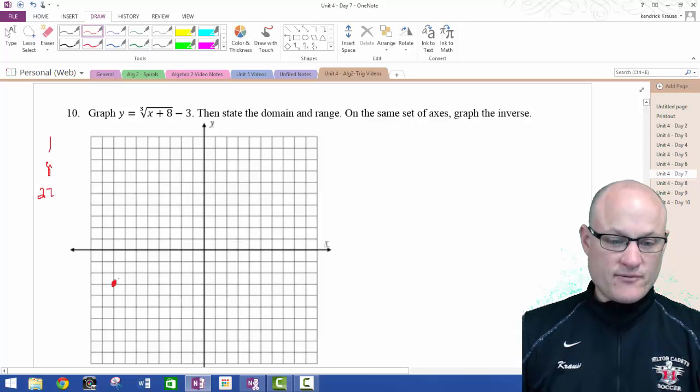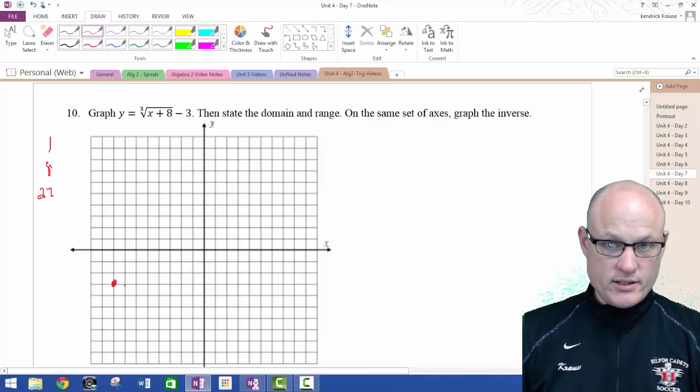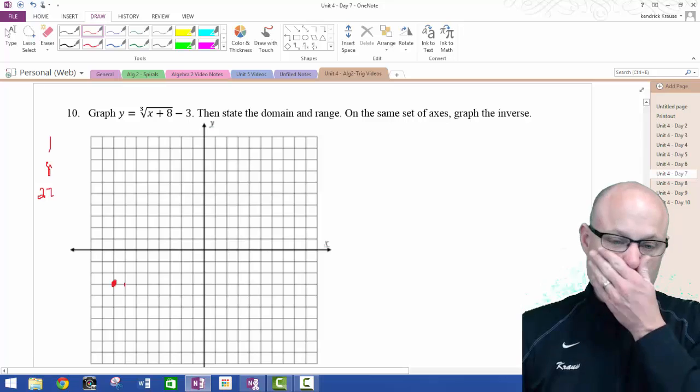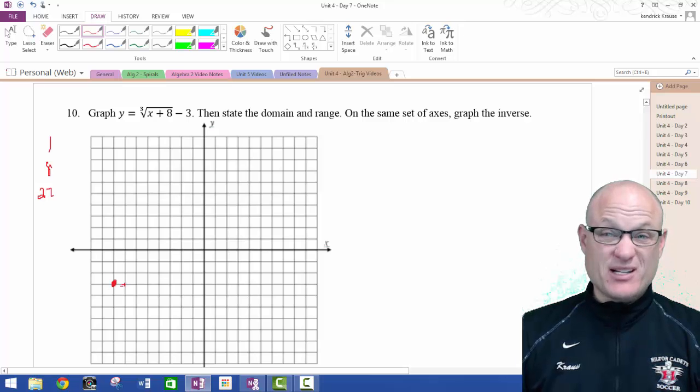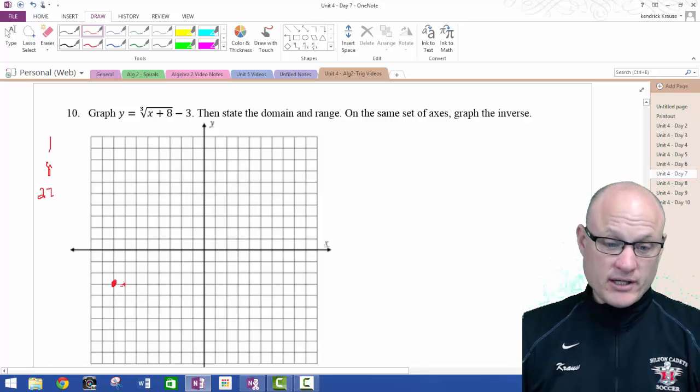So from here, if I go to the right 1, that's the cube root of 1. Now this is really negative 7, isn't it? If I move from negative 8 to negative 7. Negative 7 plus 8 is 1. Cube root of 1 is 1. 1 minus 3 is negative 2.